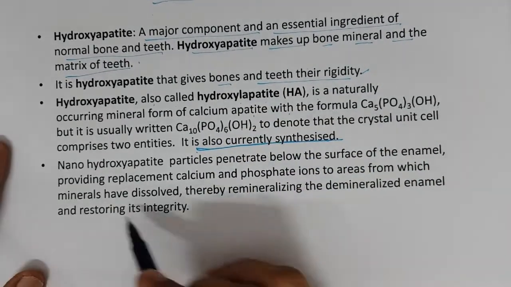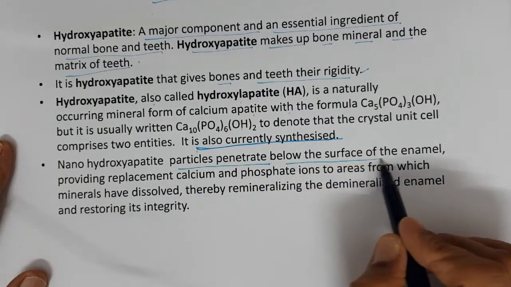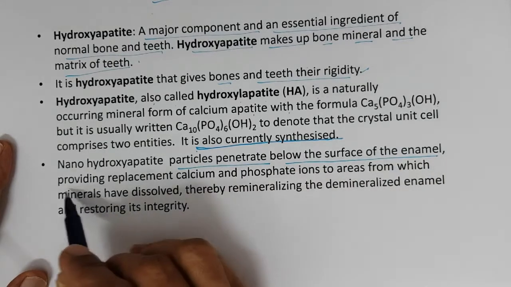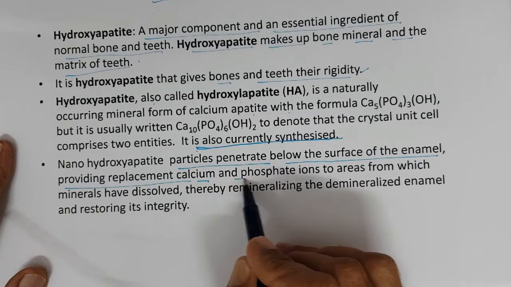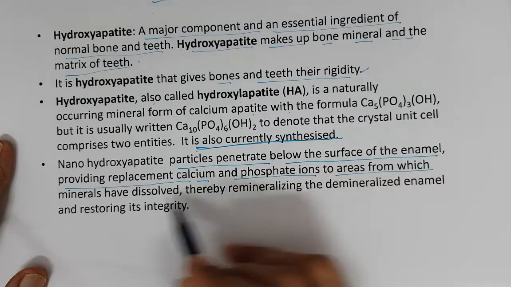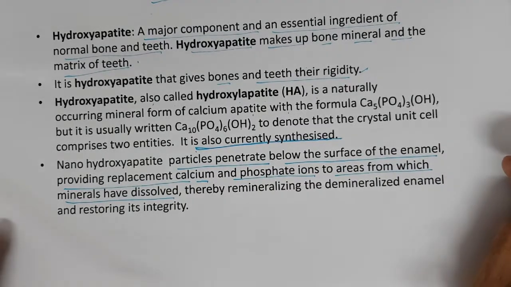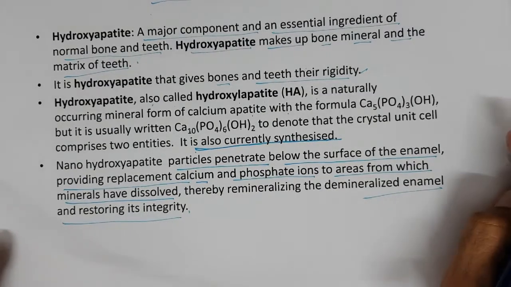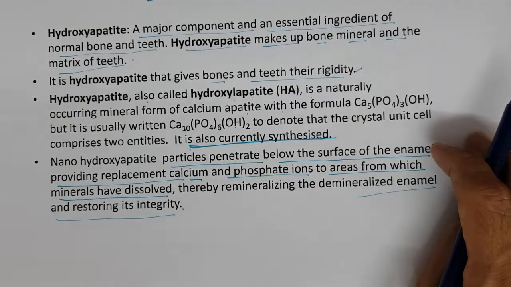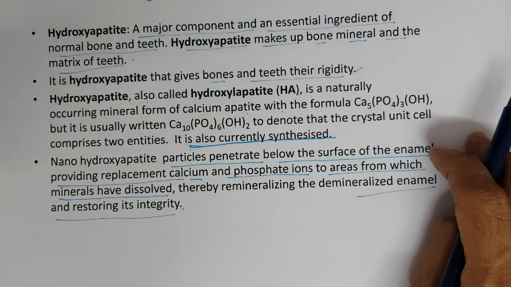Nano hydroxyapatite particles penetrate below the surface of the enamel, providing replacement calcium and phosphate ions to the areas where minerals have dissolved, thereby remineralizing the demineralized enamel and restoring its integrity.